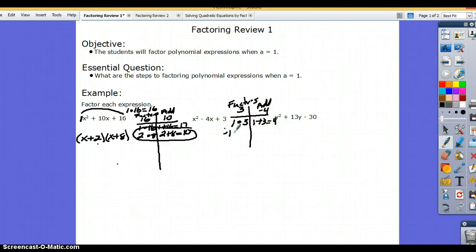So whenever I'm off by a sign, where this is positive and that's negative, then that just means I have to change the signs of my factors. So instead of positive 1 and positive 3, I need negative 1 and negative 3, because negative 1 plus negative 3 is equal to negative 4. So my factors are x minus 1 because it's negative, x minus 3 because it's negative.